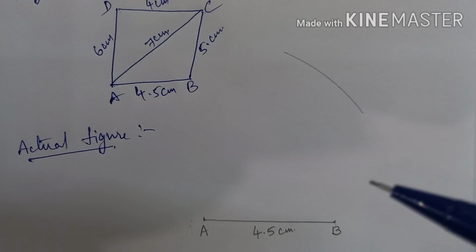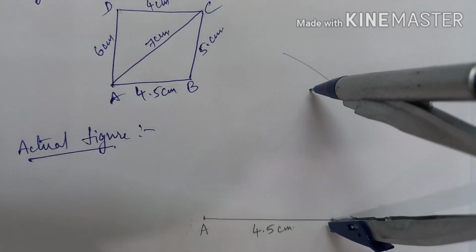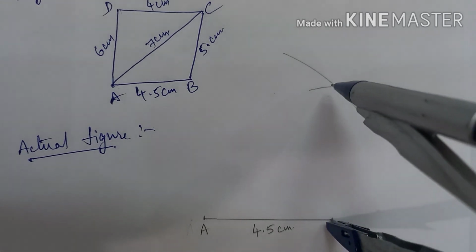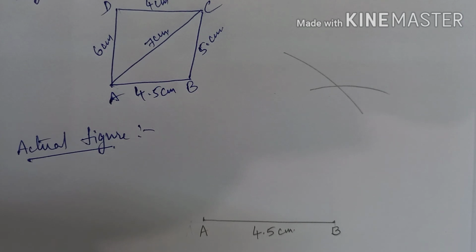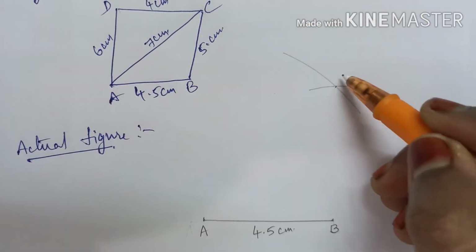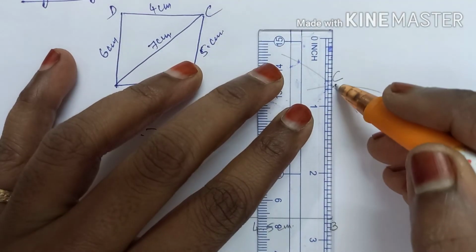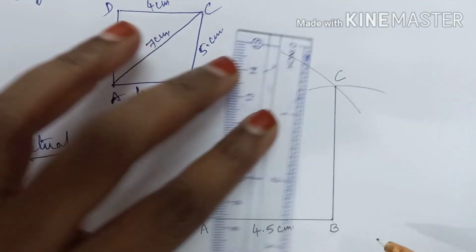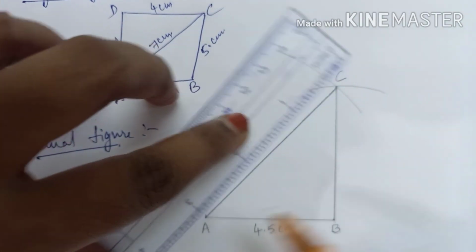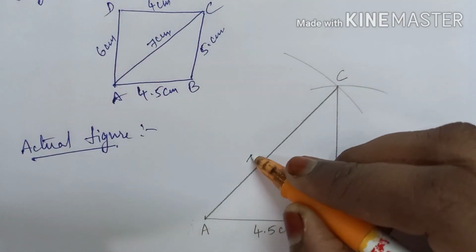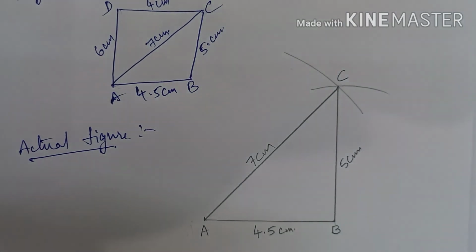So from B, draw another arc with radius 5 centimeters which cuts the previous arc at C. So now join BC and AC. So AC is 7 centimeters and BC is 5 centimeters.